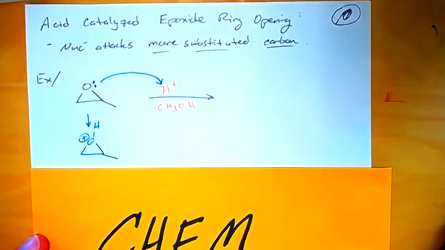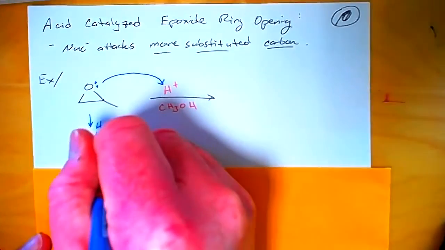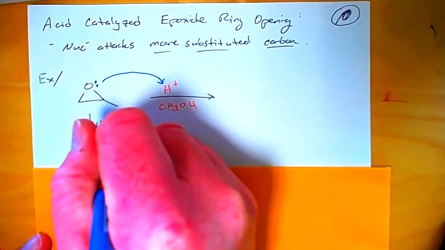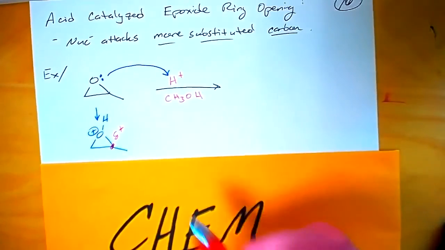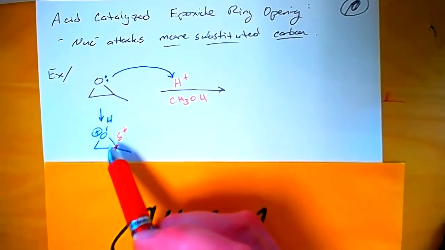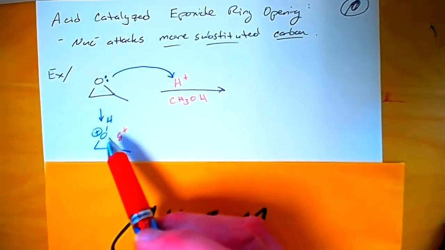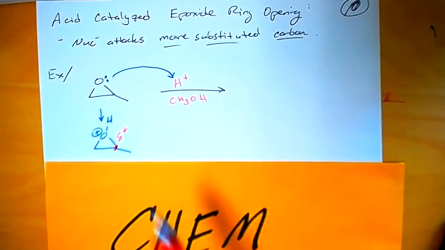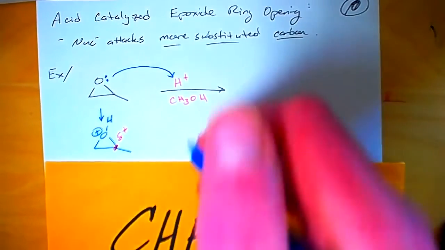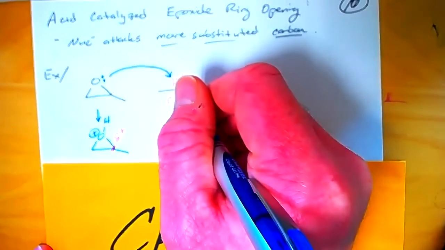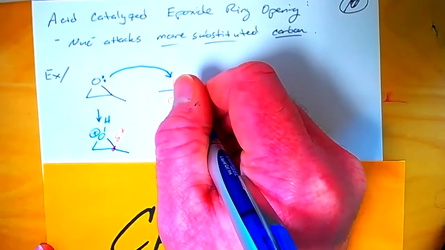Now, when you do this, the carbon that is more substituted is where the partial positive charge is the most stabilized. And so that is where the incoming lone electron pair on methanol is attracted.